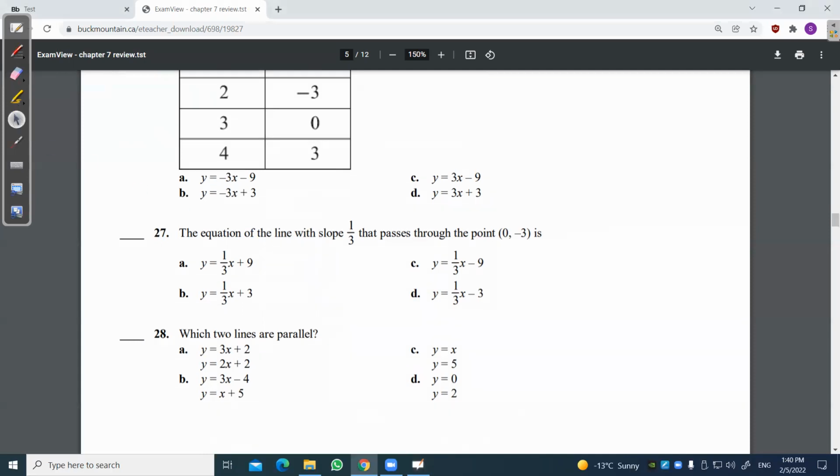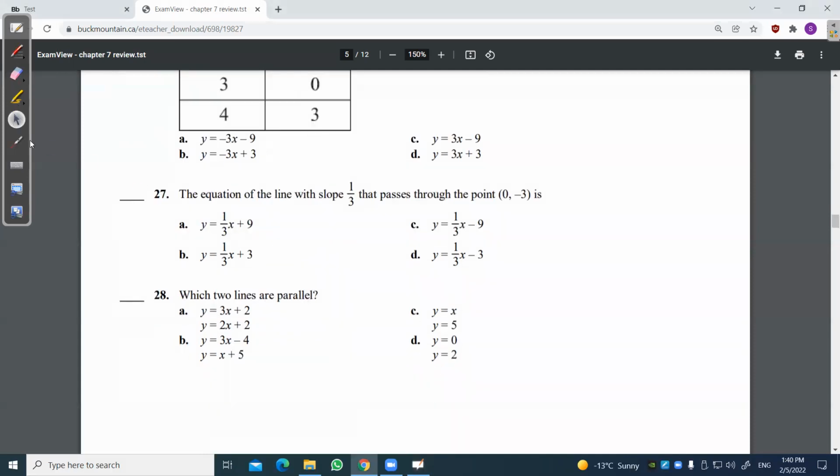Number 28. Which two lines are parallel? Is it A?